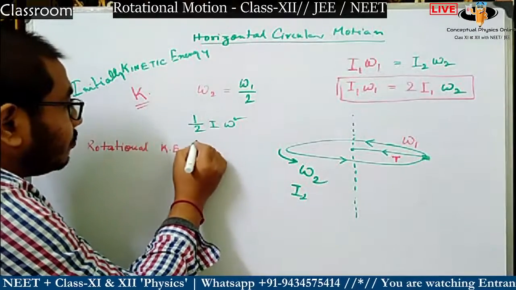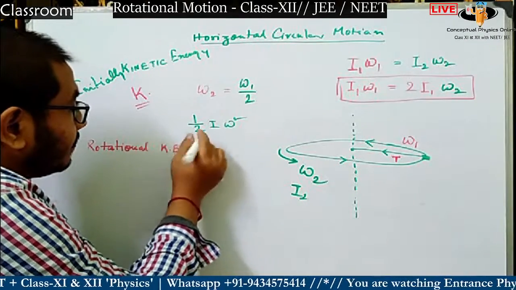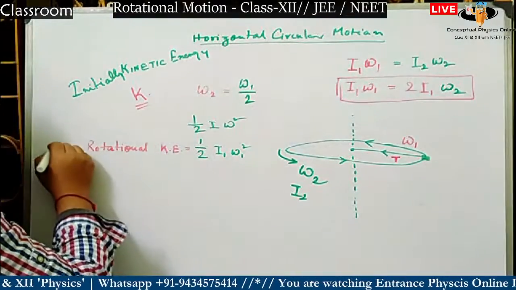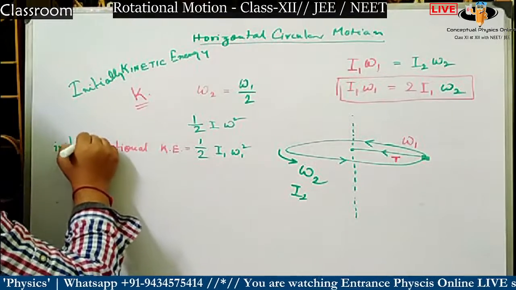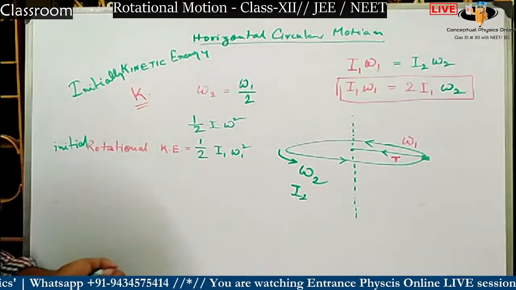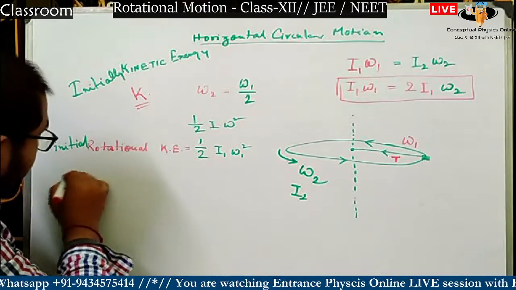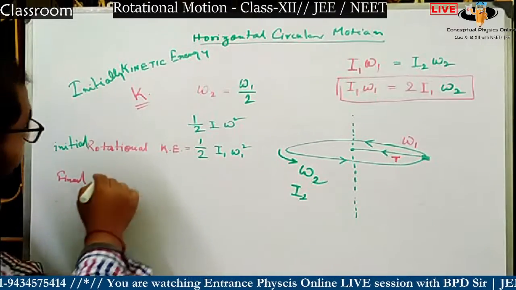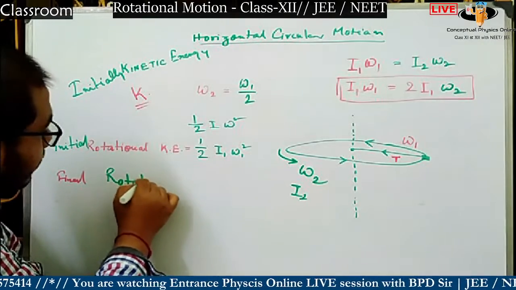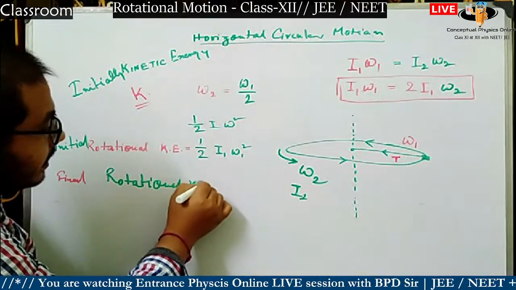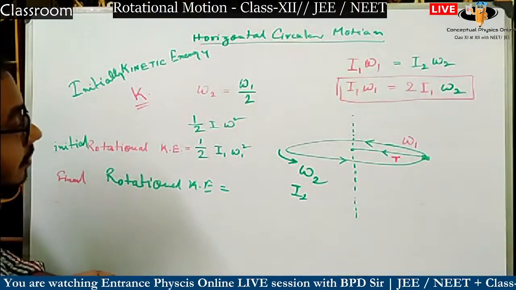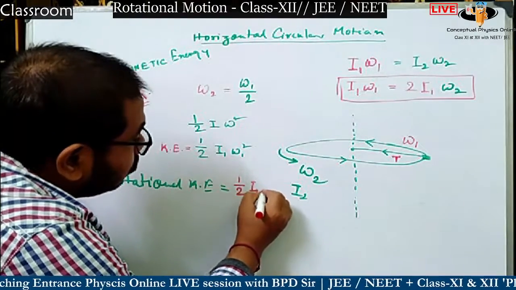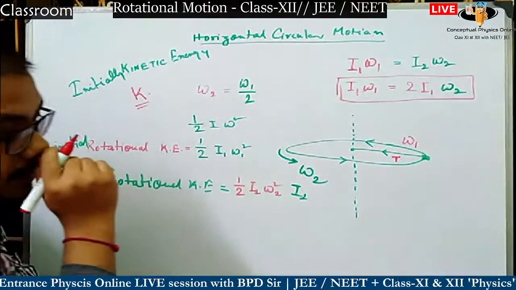So initially the initial rotational kinetic energy was half I1 omega 1 square, and the final rotational kinetic energy becomes half I2 omega 2 square.